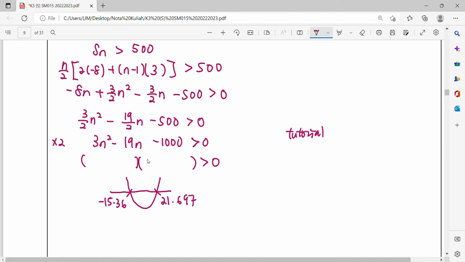Okay, so we just go through only. So factorization, never mind, you just put it like this. So greater than 0, we know it is the region above the x-axis, right?